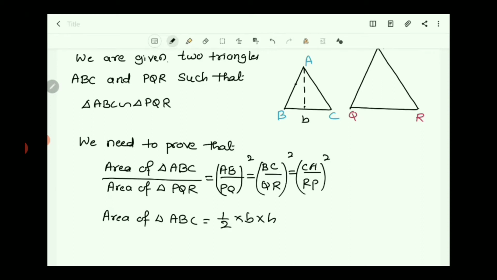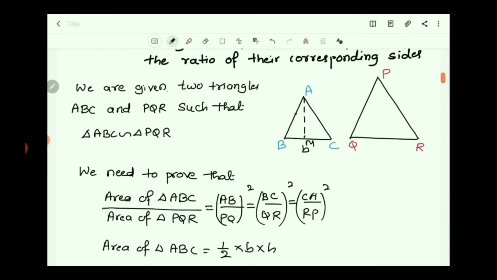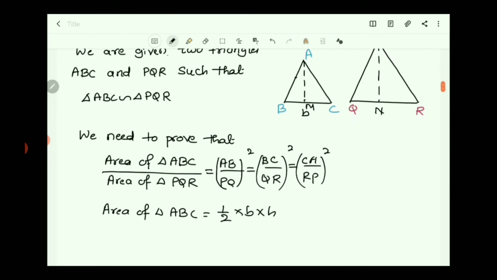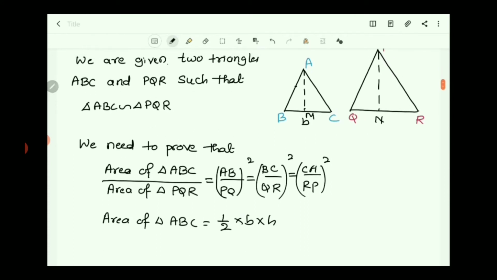Let us have AM as the altitude for triangle ABC, and PN as the altitude for triangle PQR. For triangle ABC, the base is BC and the altitude is AM, so the area is half into BC into AM.